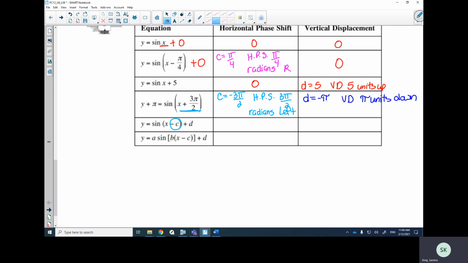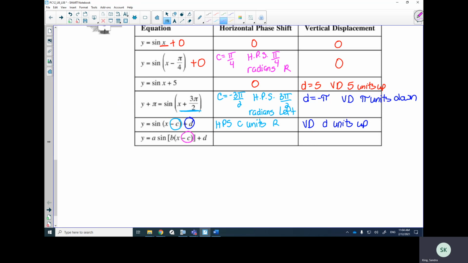That would be a C value. So that would be a horizontal phase shift, C units right. This one would be a vertical displacement, D units up. The last one is identical to what we just did.